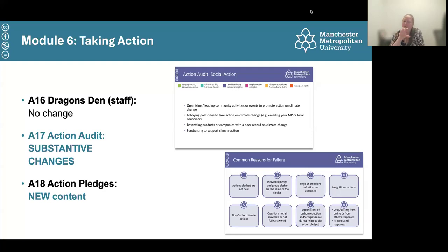We've added in a 5th action area here, which is social action. So that's highlighting that theme that we've tried to strengthen from the start of the training, with the positive tipping points and the role that we all have to play in bringing about the more systemic changes. It was there before, but we've really tried to surface it a little bit more, and we've included that in the action audit. And that was it, really.